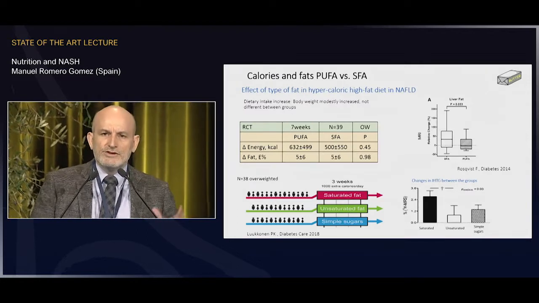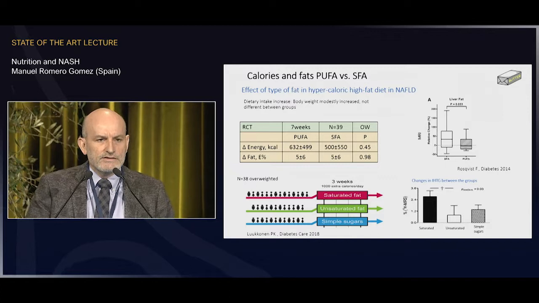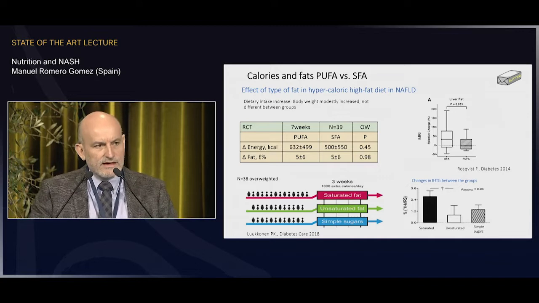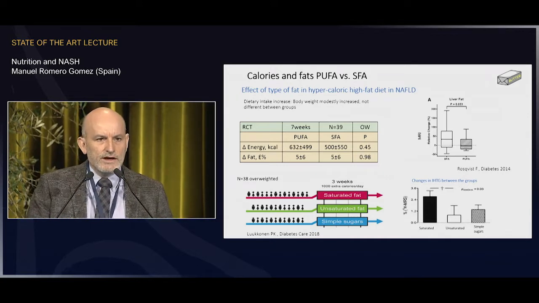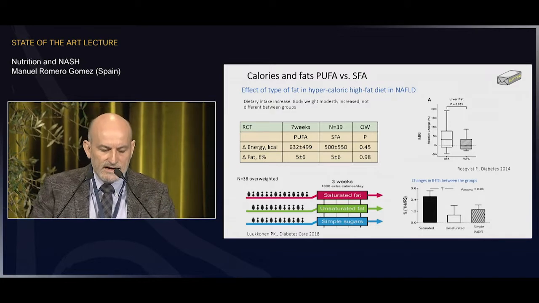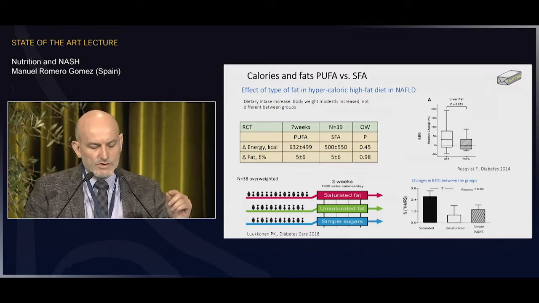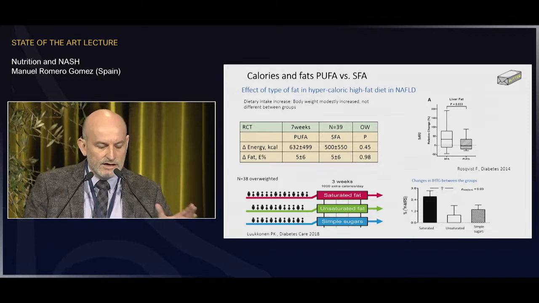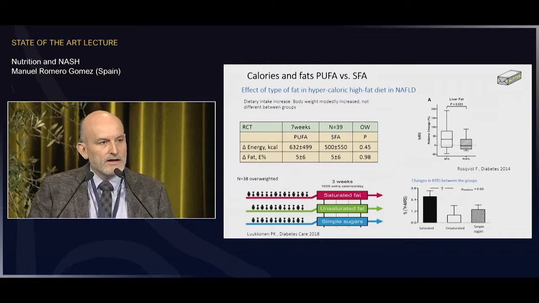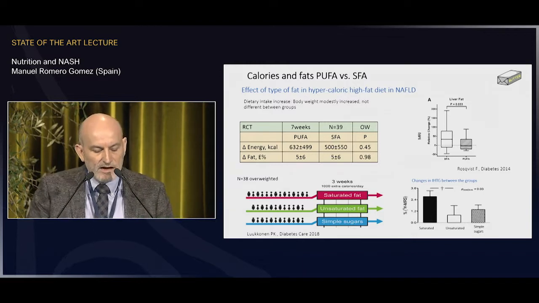When we are talking about nutrition, initially we are talking about calories. Calories is very important, but I was very surprised when analyzing these two studies in which patients with overweight receive 1,000 calories every day using different types of fat. And you can see here in patients receiving more energy, around 600 calories using polyunsaturated fatty acid versus 500 using saturated fatty acids, less in the saturated arm, and the percentage of fat increasing 5%.